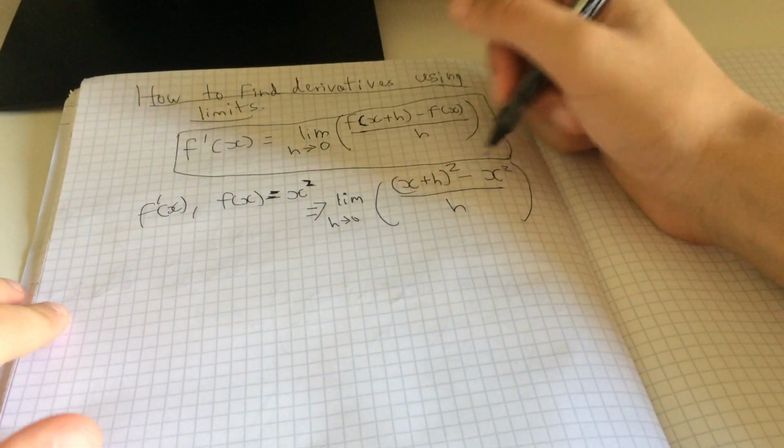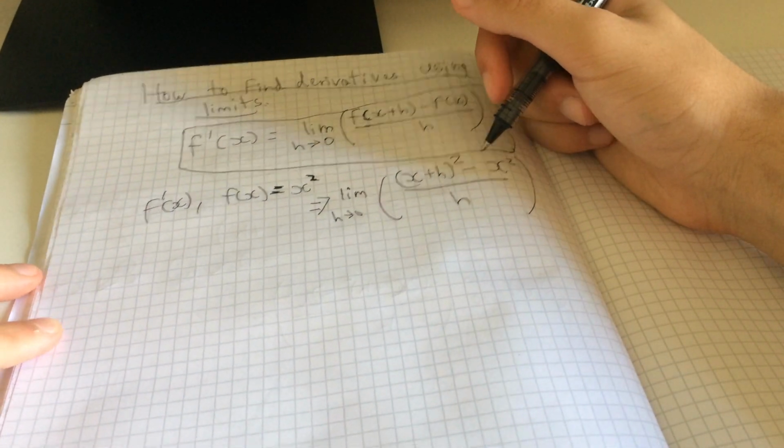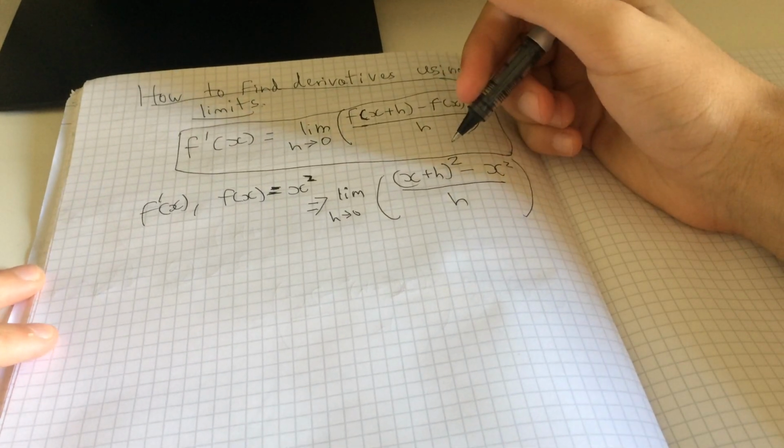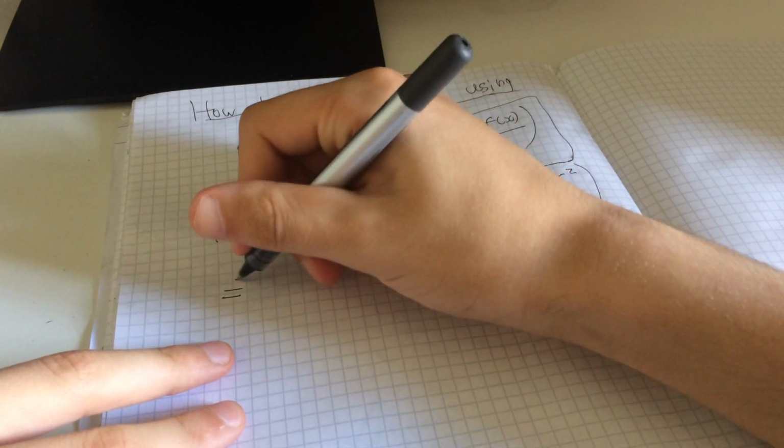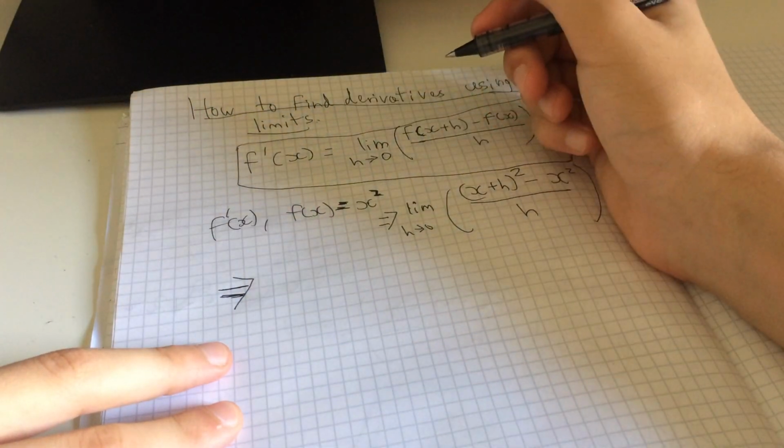And how can we find this? The first thing that's always a good idea to do is just expand brackets. You do that in regular algebra as well, so there shouldn't be anything new in here.